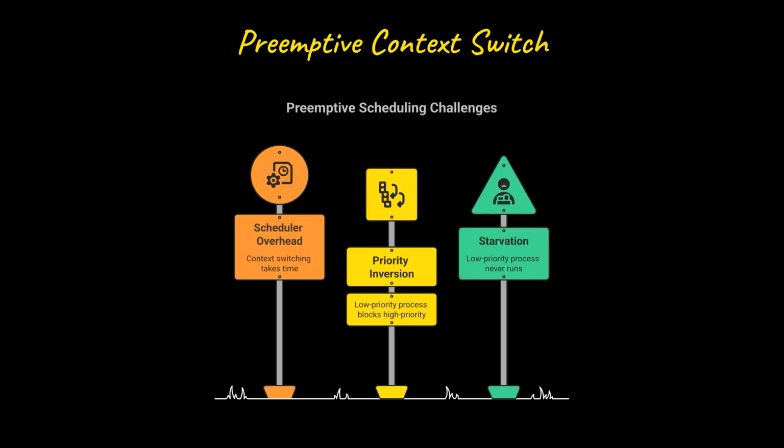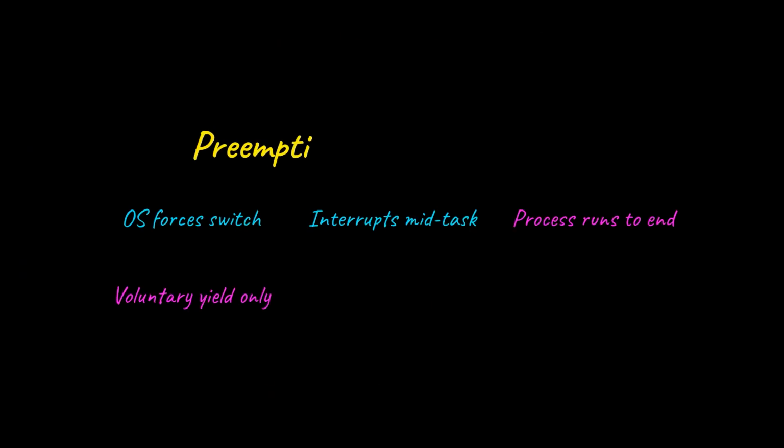When a high-priority process becomes ready or a time slice expires, the scheduler interrupts the running process, performs a context switch to save its state, and hands the processor to the chosen process. The interrupted process waits in the ready queue to resume later.